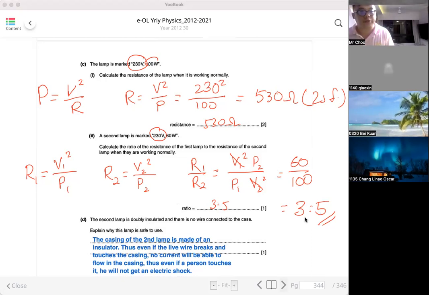Okay, Oscar, your part 3, your part D, I also will not give you the marks. Can you rewrite again? So, Peiguan, what's your answer for part 2? C, part 2?